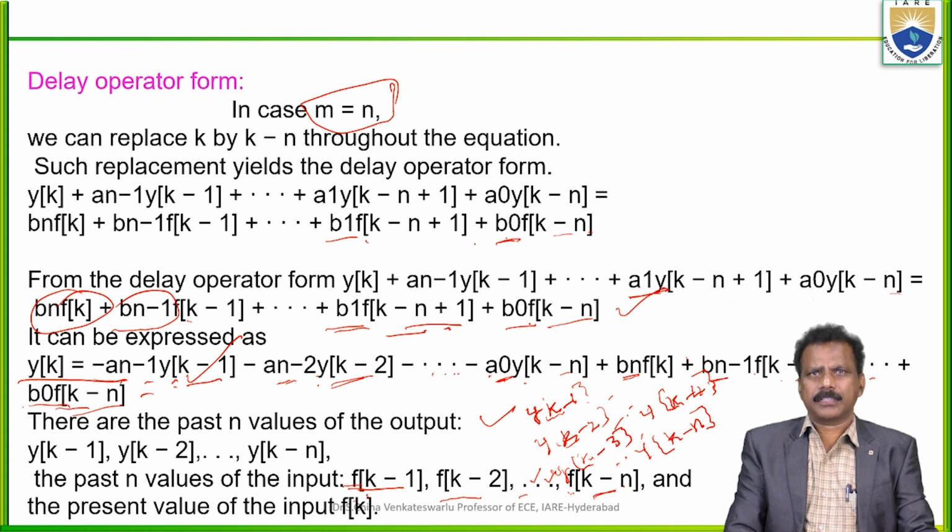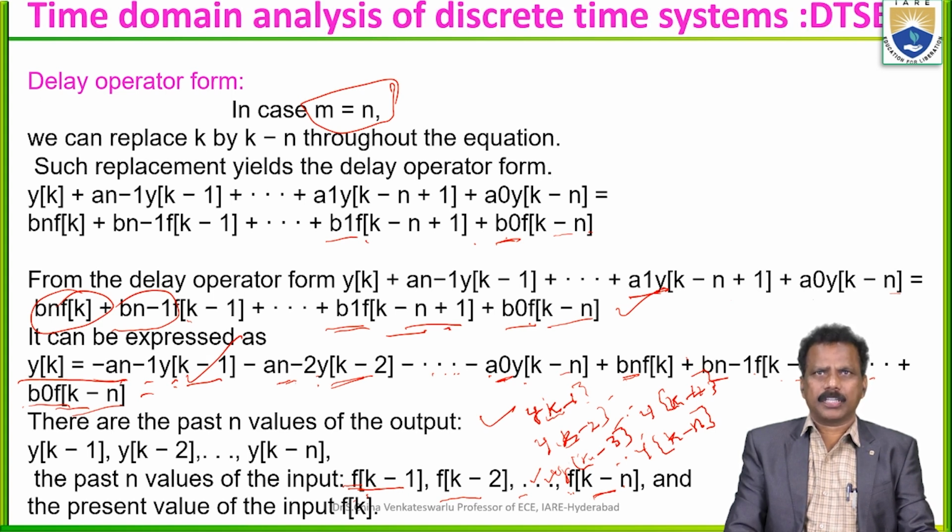We can replace k by k minus n throughout the mathematical representation. We have to verify the first n values of the output and the first n values of the input. That's why we are using the delay operator form in case m is equal to n. This is nothing but the time domain analysis of discrete time system.